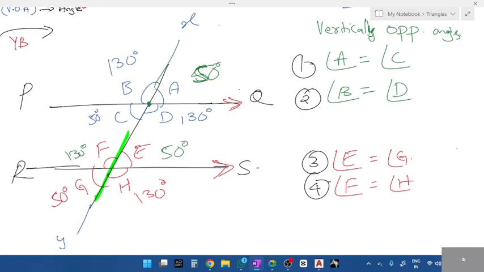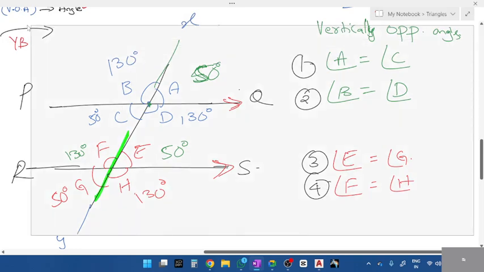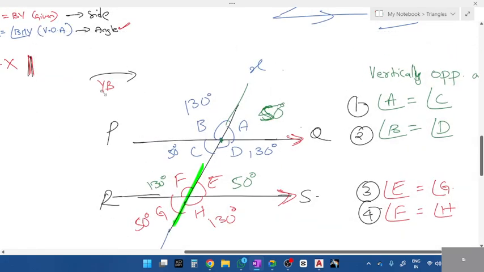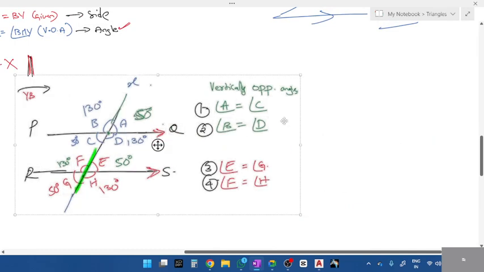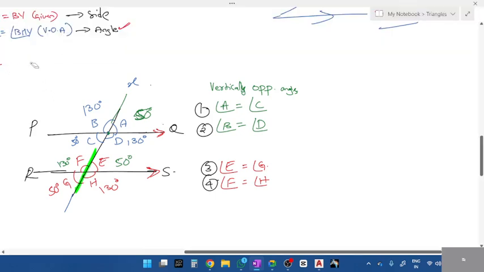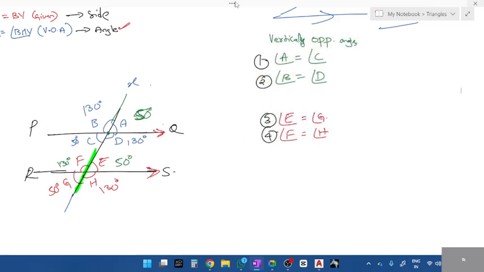Okay, just a minute. Next, students, vertically opposite is done.